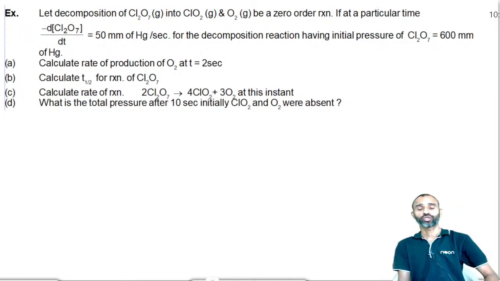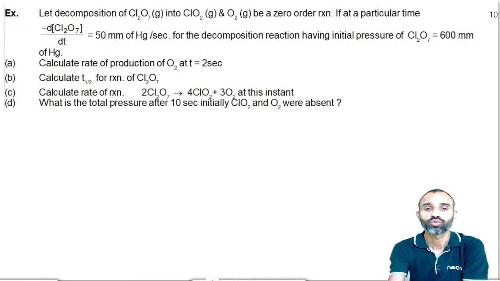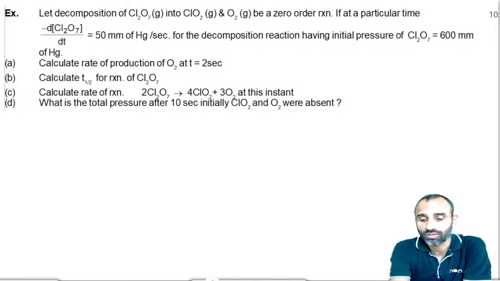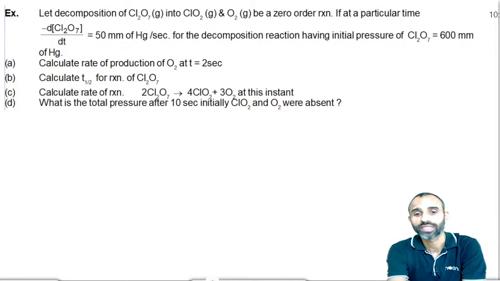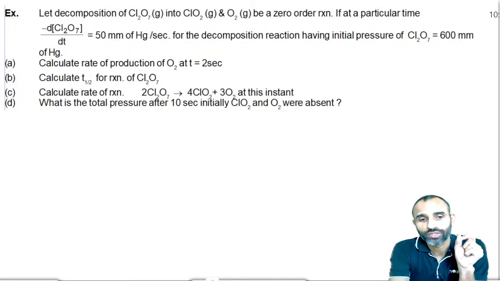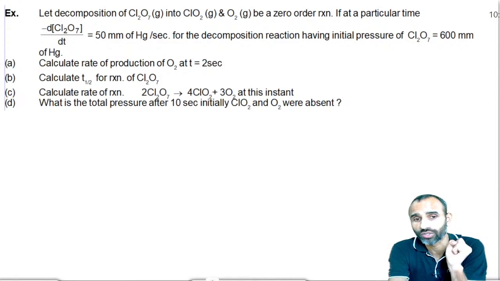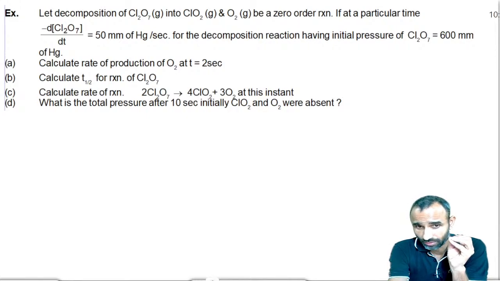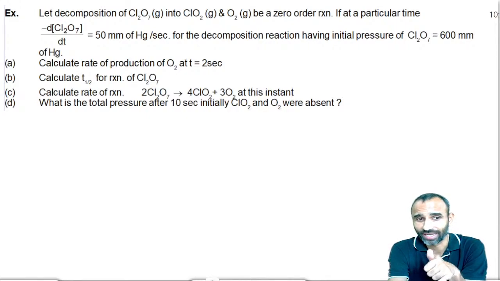The decomposition of Cl2O7 gas to ClO2 gas plus O2 gas is a zero order reaction. If at a particular time minus d[Cl2O7]/dt is equal to 50 mm of Hg per second, for the decomposition reaction having initial pressure of Cl2O7 as 600 mm.